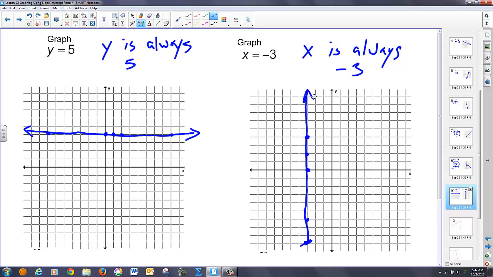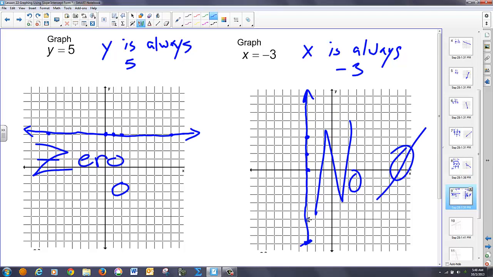Now we've talked about slopes before. This is said to have a 0 slope. And again, we remember that because the zero has a horizontal line going through it. And this is said to have no slope. In other words, it's undefined. And we can tell that by the line in the end goes vertically up and down.